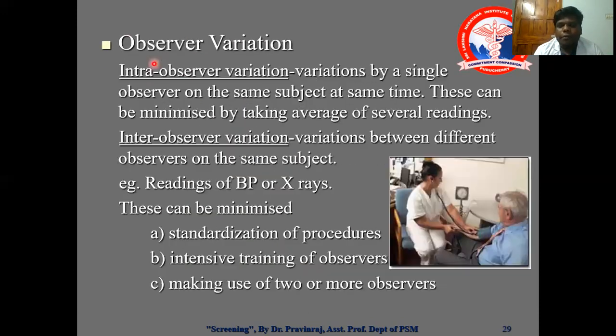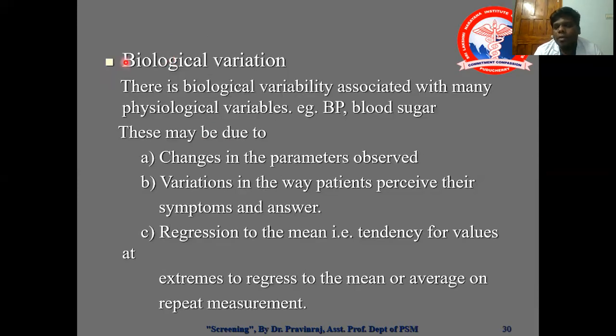First we have seen observer variation. Now we are going to see biological variation. Observer variation is what the doctor or the observer who sees the patient introduces. But in biological variation, the patients themselves have some variation. There is biological variability associated with many physiological variables.